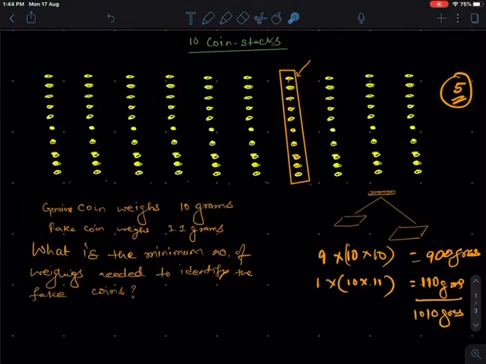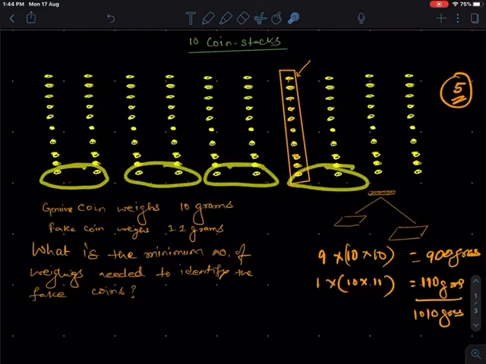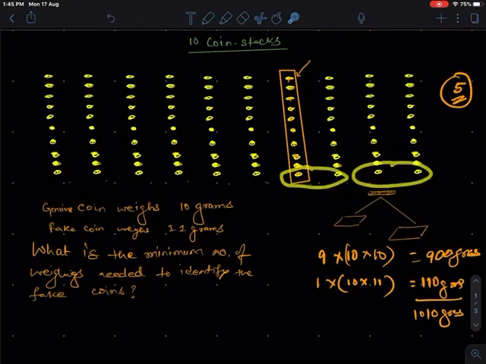So what we can do instead is group these coins. We can group these 2 coins and these 2 coins, these 2 coins, these 2 coins and these 2 coins, and then measure them in groups. When we find out all the groups are balanced except for these 2 groups, then we know the fake coin belongs to this group, because this will weigh heavier than the earlier one, right?